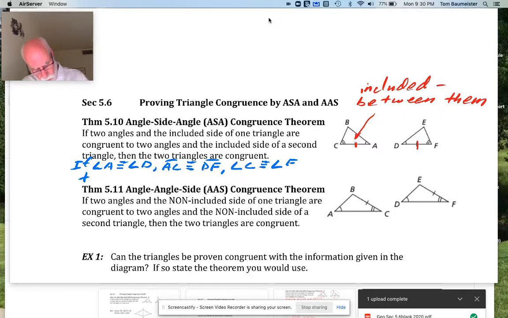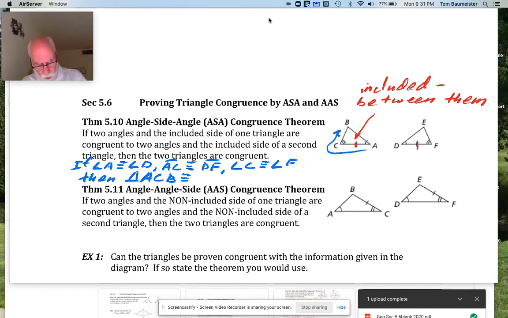Then we can state that triangle, if I start at A, C, B, you can start anywhere, just make sure that it keeps the same orientation, the same correspondence. So if I say triangle ACB, I went through the one marked 1, this side, the one marked 2.